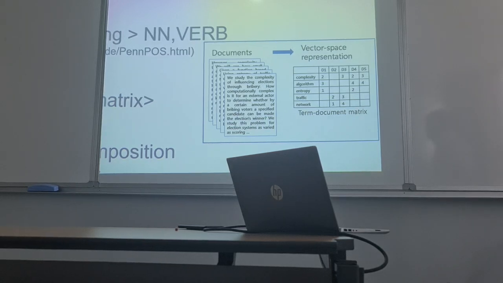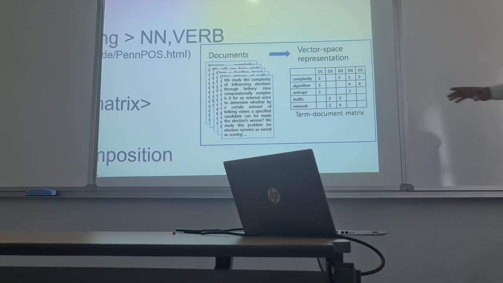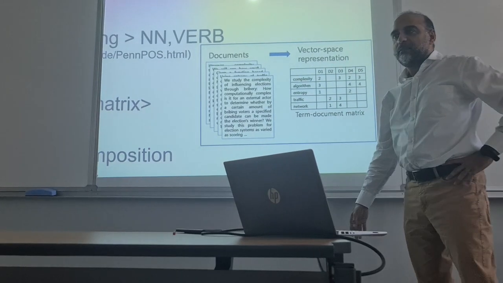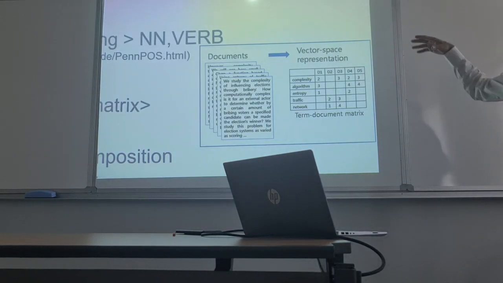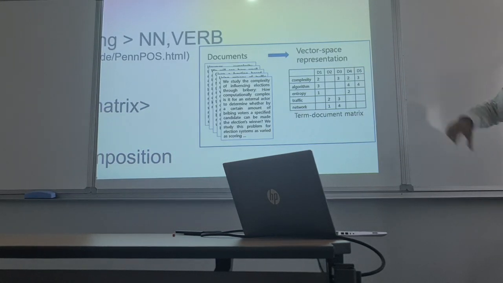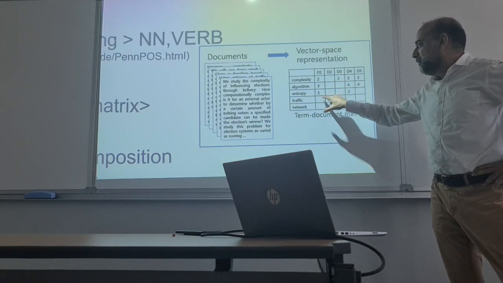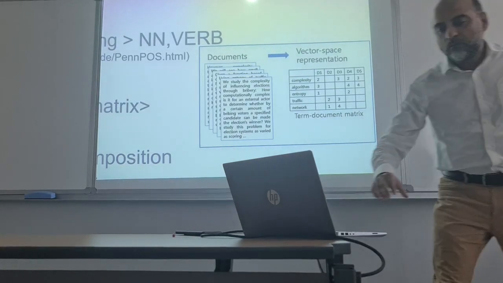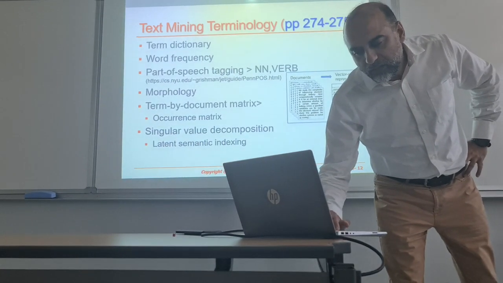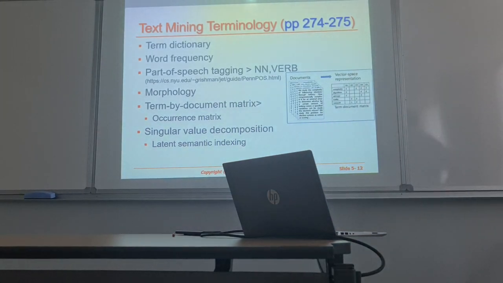Term document matrix. But there is a problem with this matrix. How many words can be there? Many. How many documents can be there? Many. So it's a big matrix, a big table with a lot of empty cells. So then you have tools built on top of it that summarize.